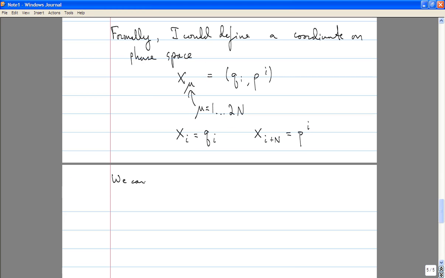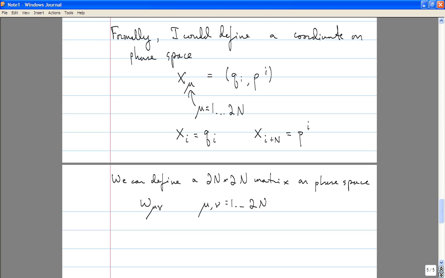So we could define a coordinate on phase space, which is given by either q or p, and we can also define a 2n by 2n matrix on phase space that I'll call omega. Now, a matrix is something with two indices, so it'll be an omega with two indices, mu and nu, where mu and nu run from 1 up to 2n.